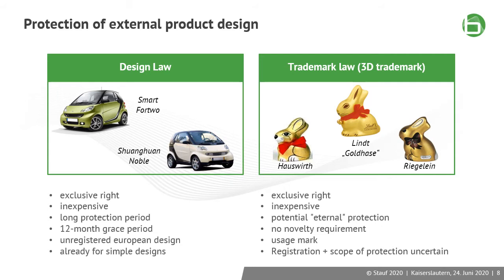These give its owners similarly strong rights as a patent does. With a registered design, you also have the right to exclude others from using the design. And this intellectual property right is much cheaper than patents. You should always keep that in mind, that the small intellectual property rights also give you an exclusive right, but they are less expensive. Therefore, you should consider them.